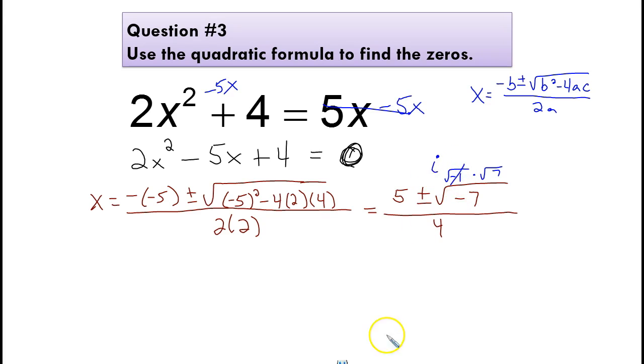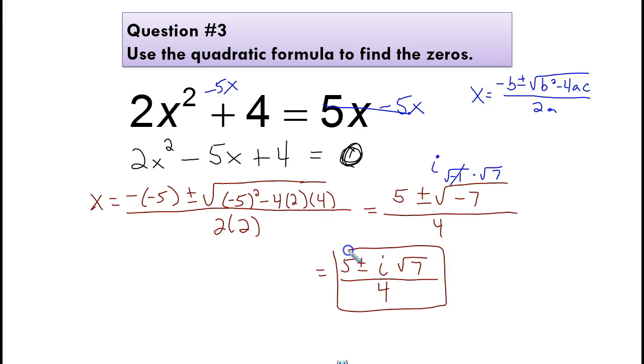We want to get that imaginary number out from under the radical. 7 is not a perfect square, and no perfect square divides into it, so it's actually going to stay under the radical. So we can represent this answer as 5 plus or minus i times root 7 all over 4. So 5 plus or minus i root 7 over 4 is an acceptable answer.